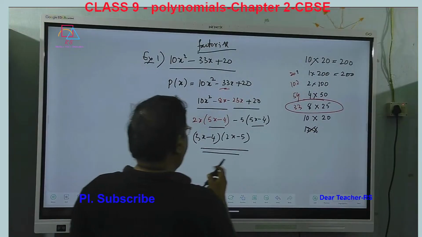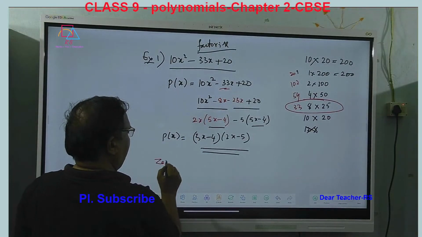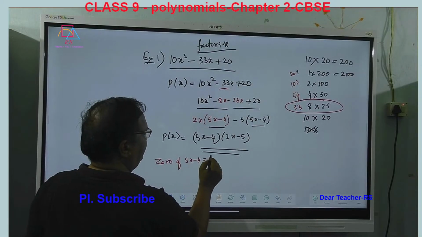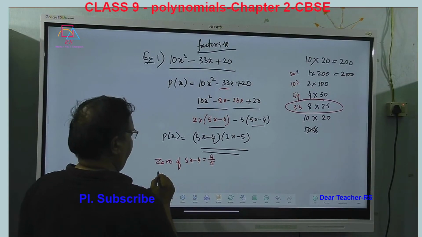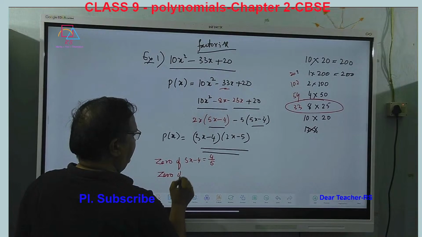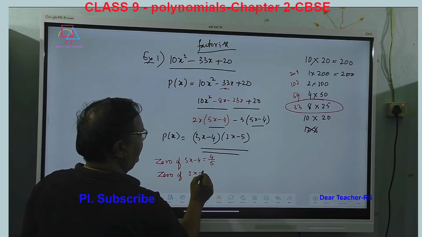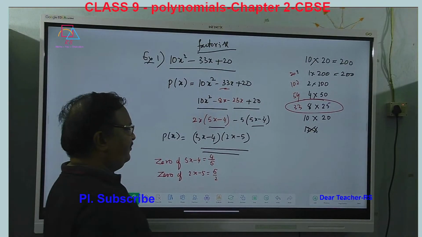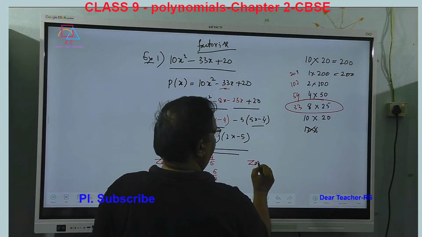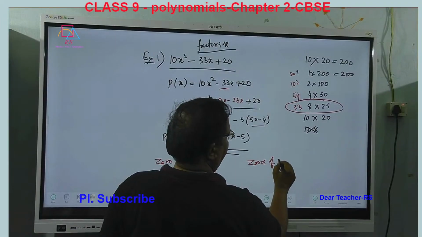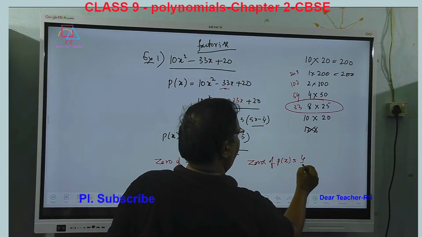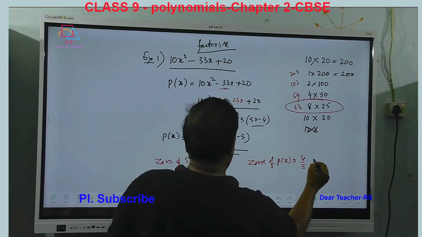How? So you find the factors, that is the first target. Now zero of a linear polynomial: zero of 5x minus 4 is equal to 4 upon 5. Zero of 2x minus 5 is equal to 5 upon 2. So therefore zeros of p(x) are 4 upon 5 comma 5 upon 2.